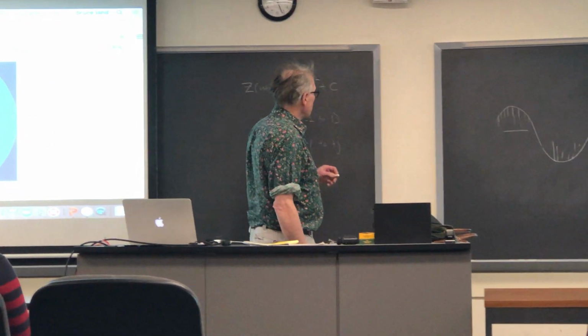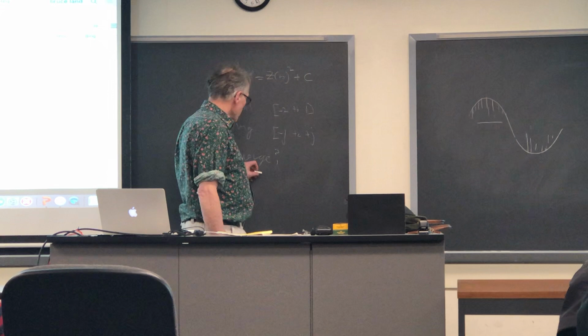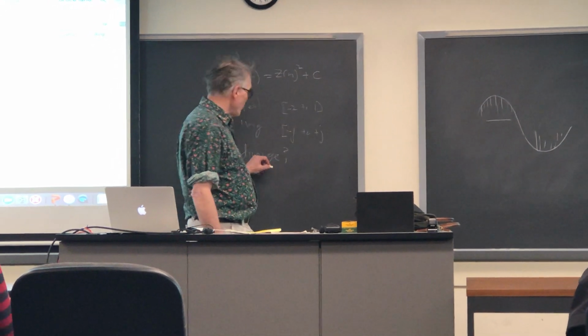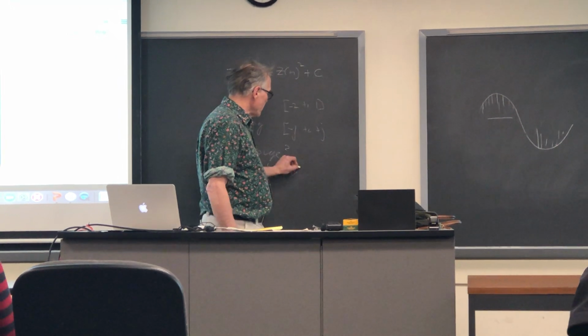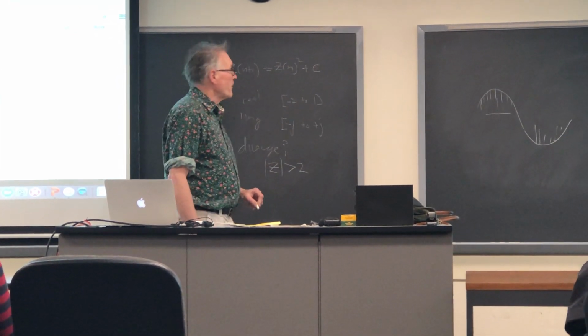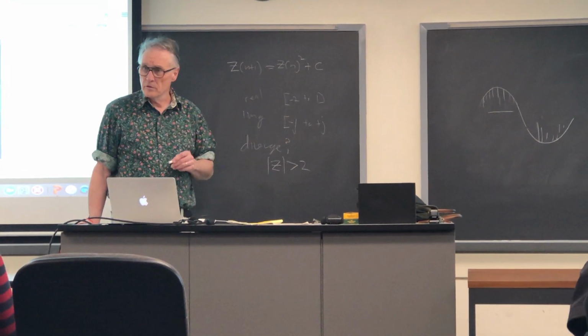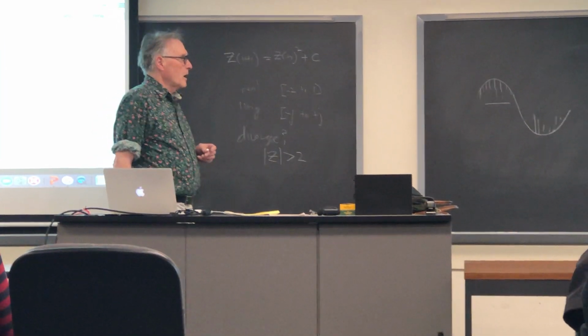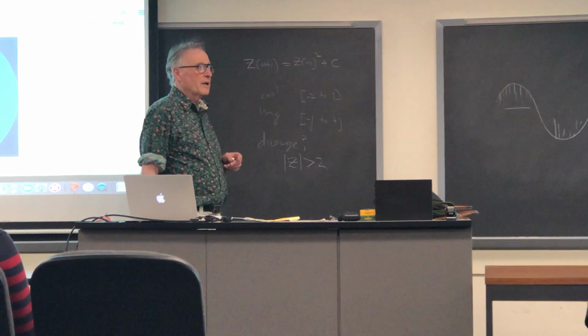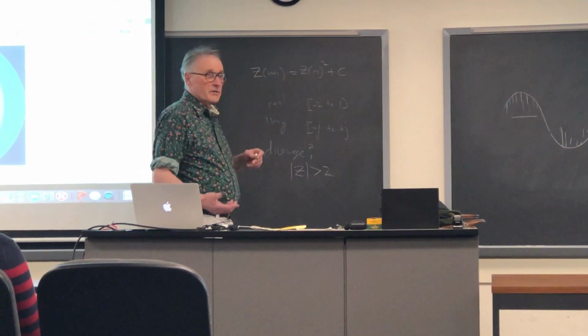Well, there's a condition that says if the magnitude of z ever gets greater than 2, the system will diverge. You can show that. On the other hand, it might take a billion operations to get greater than 2.